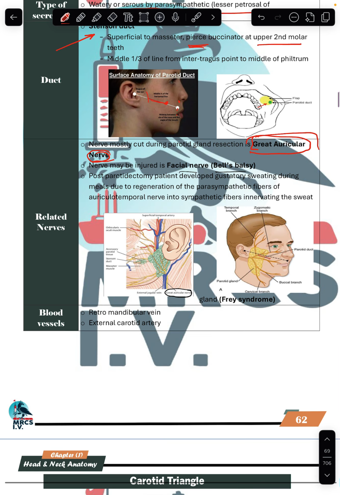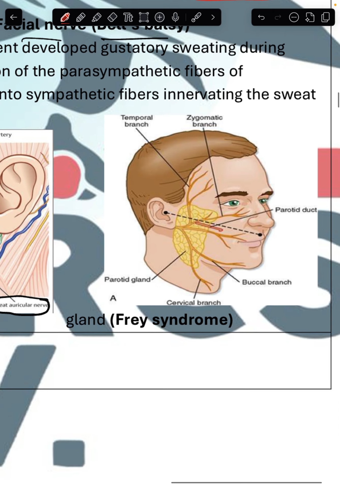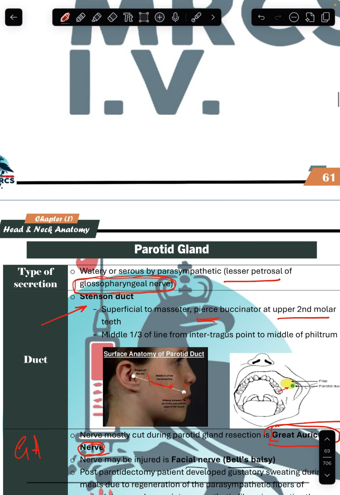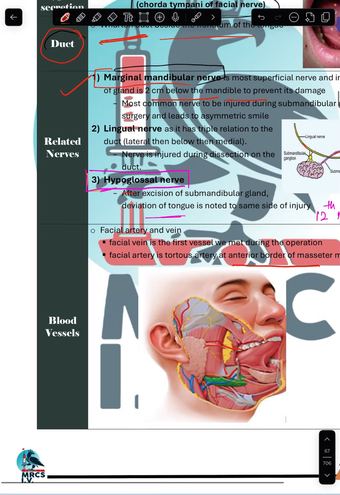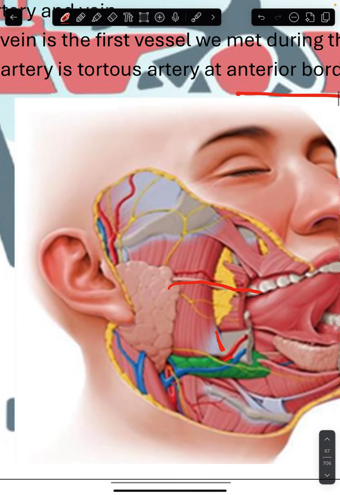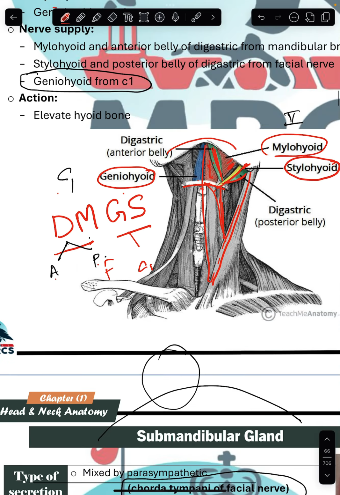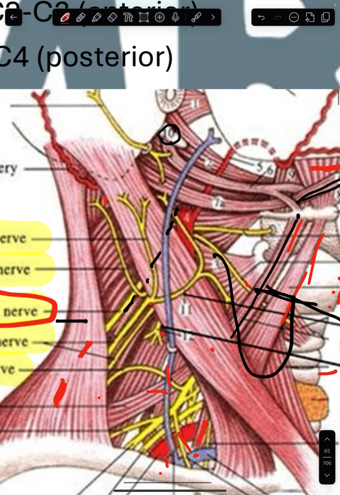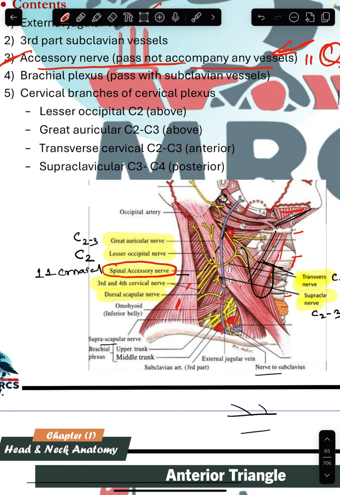The nerve most commonly cut during parotid gland surgery is the greater auricular. This is the greater auricular, not any of the facial nerve. The greater auricular goes like this. As we have seen, if you go and see the posterior triangle, again here you can see this is the greater auricular nerve, C2, C3.